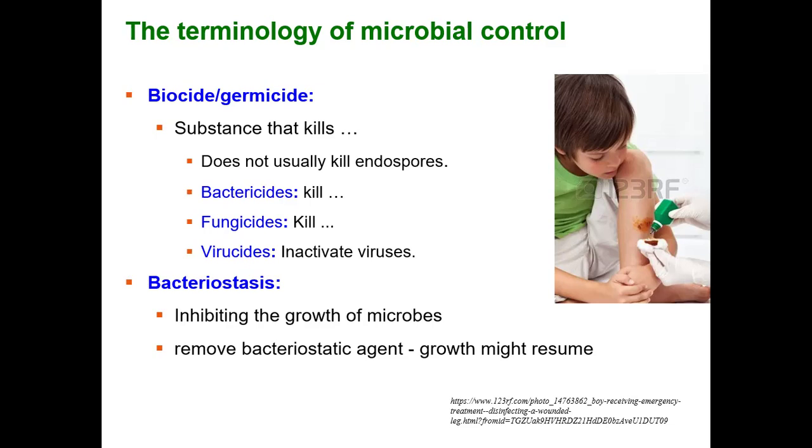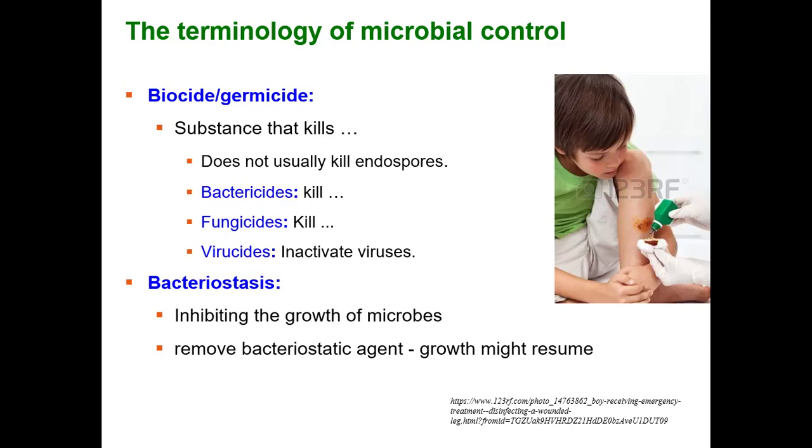So biocide, the treatment kills the microbe. Bacteriostatic agent, on the other hand, doesn't kill the agent. It simply inhibits its growth. And then when you remove the bacteriostatic agent, if the cells are still alive, the cells will grow. We talked about this with antibiotics. You can have a biocidal antibiotic, or you can have a bacteriostatic antibiotic.